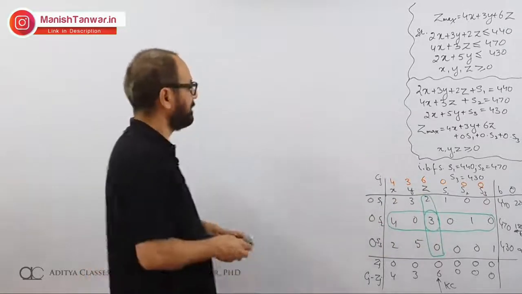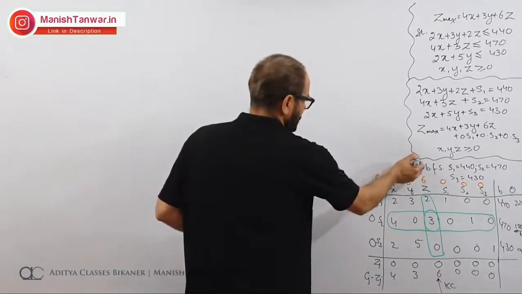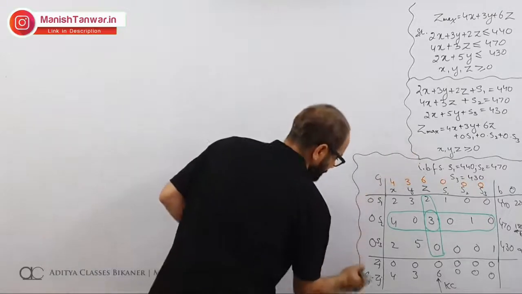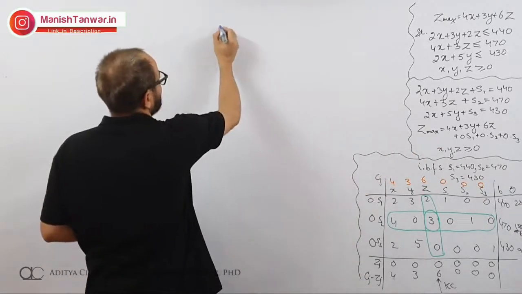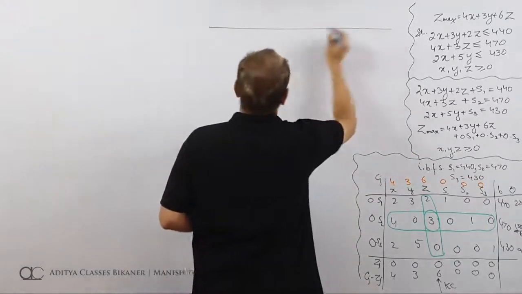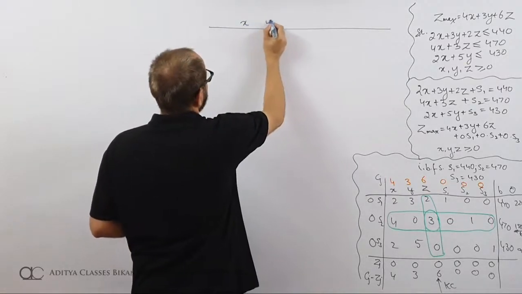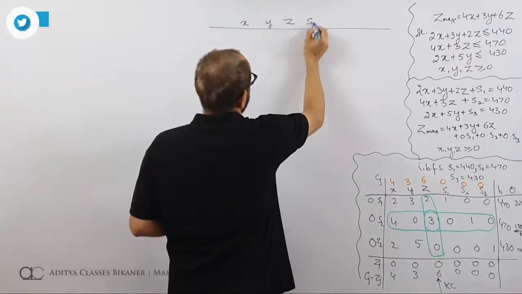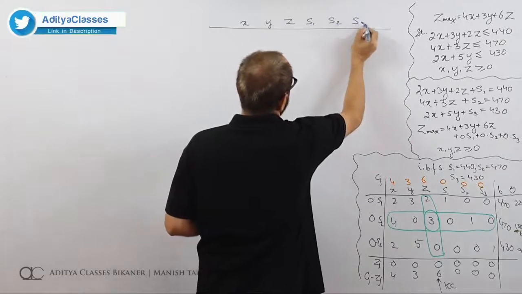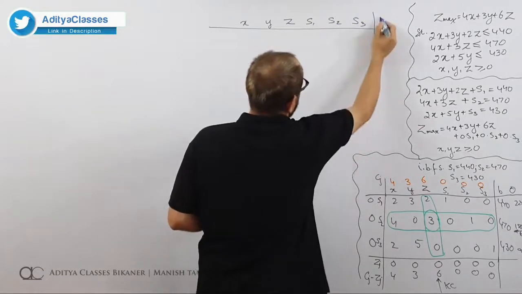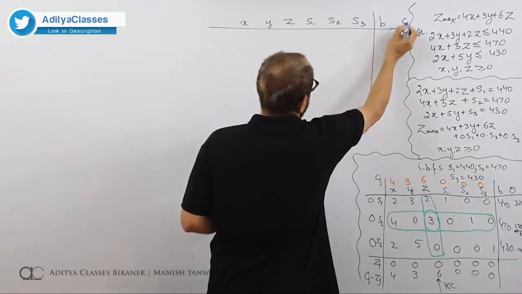Now can we prepare our second simplex table? The second simplex table would have X, Y, Z, S1, S2, S3, B, and then you can have theta also.